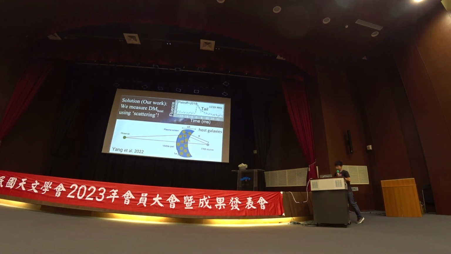And there is a new method using scattering to measure the DM host. What is scattering? It's the temporal scattering of FRB pulses due to the propagation effect through the host galaxy. The scattering mostly happens in the host galaxy.